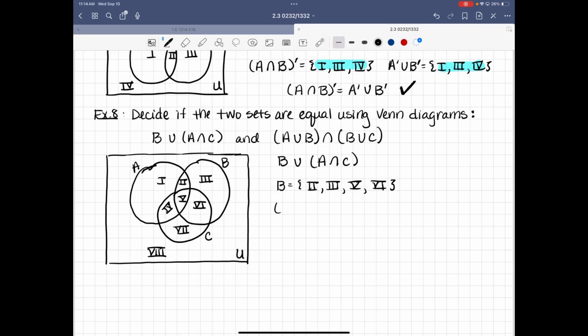And now we need A intersection C, right? That's the other part. So we just want the intersection of A and C. It's going to be 4 and 5. Does everybody see the 4, 5?